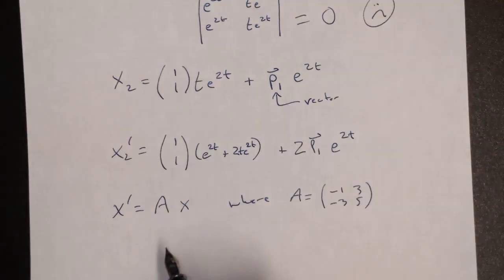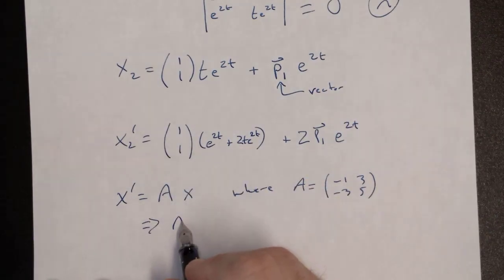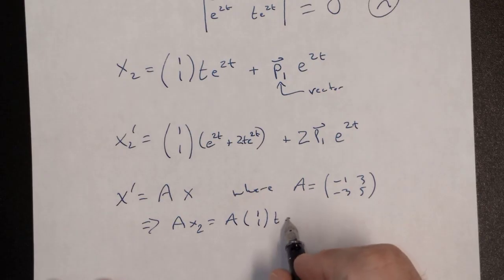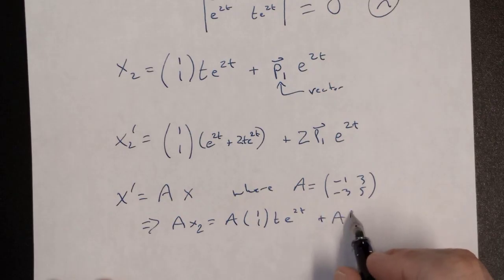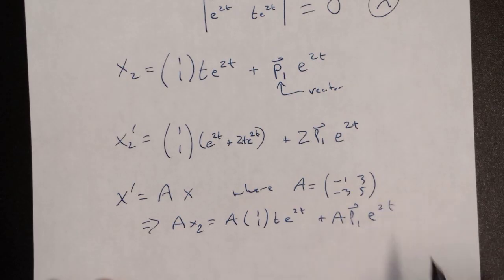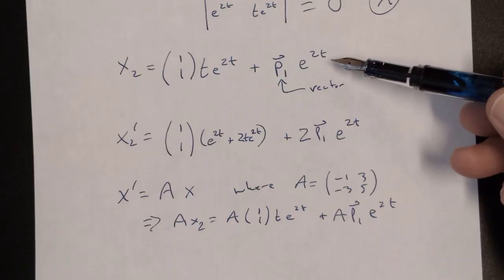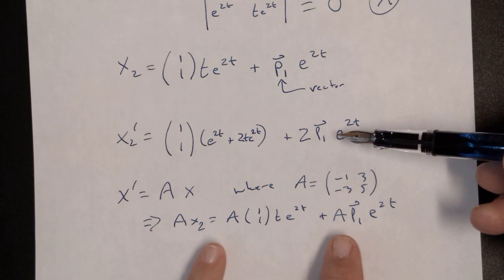But A times x is A times (1, 1) t e to the 2t plus A times P1 e to the 2t. That would be what I get if I multiply A by this whole thing. I want these to be equal. That's disgusting, isn't it?